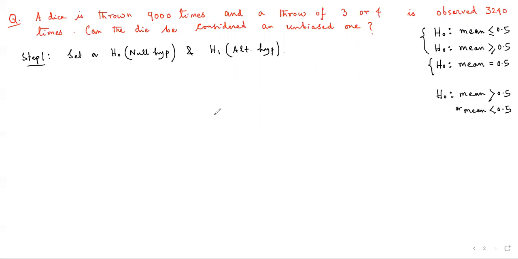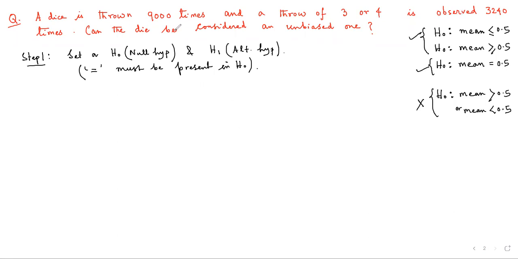We consider the formula under the assumption that the null hypothesis is true. So the equality symbol must be present in the null hypothesis. That is the catch.